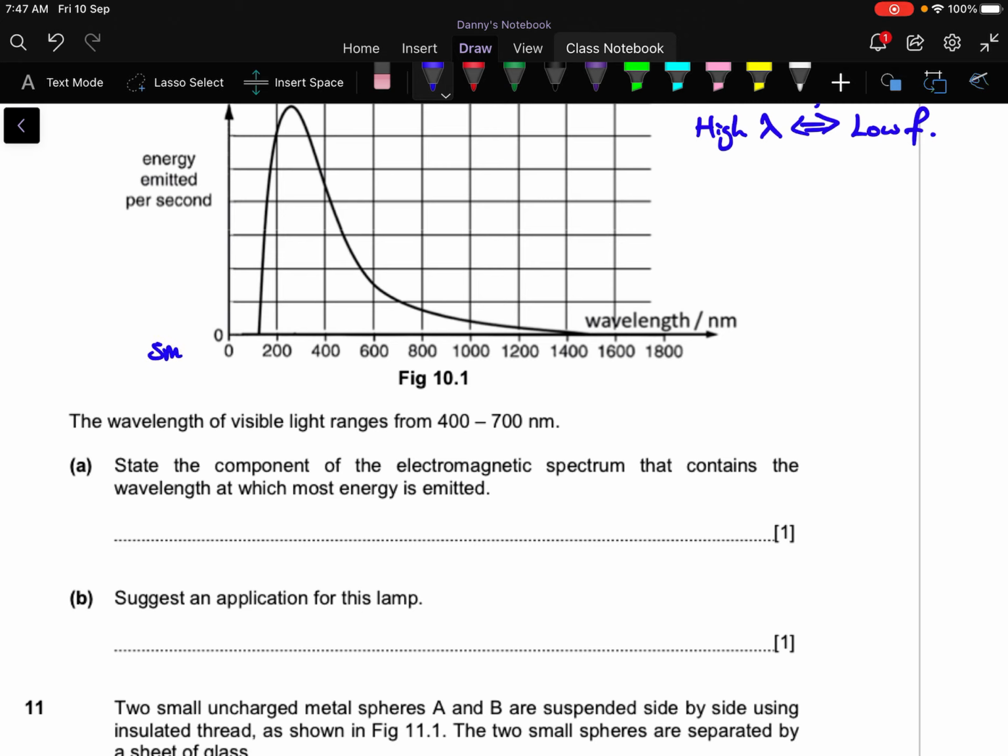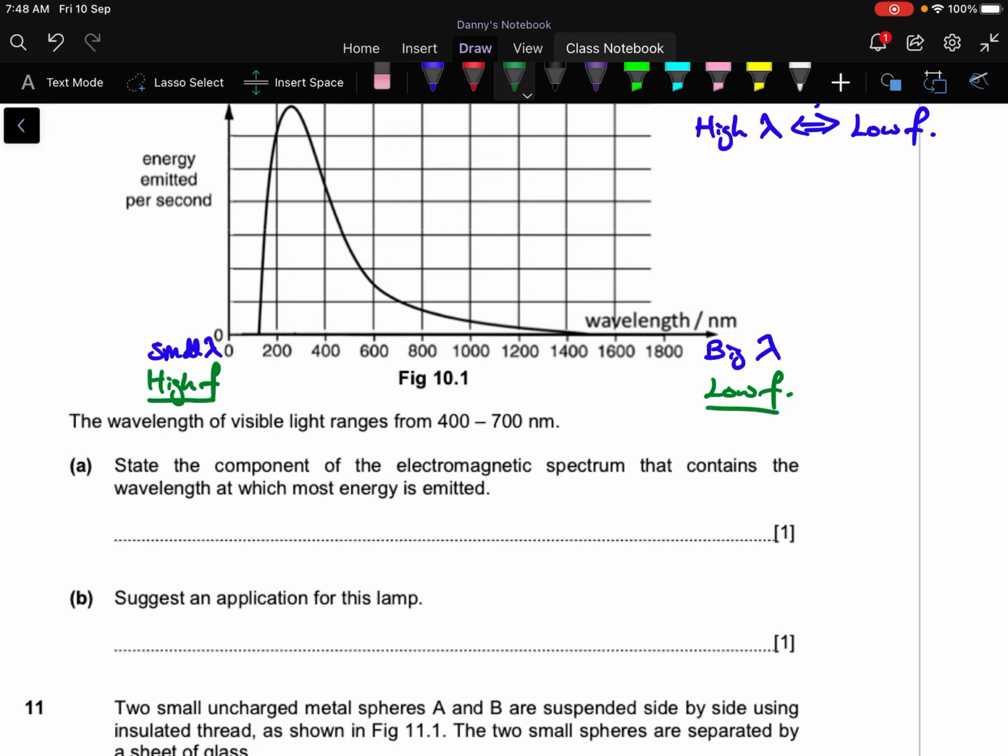So this wavelength is from small to big wavelengths, right? Since I remember my EM spectrum sequence in terms of frequency, I will write down the sequence that I memorize.